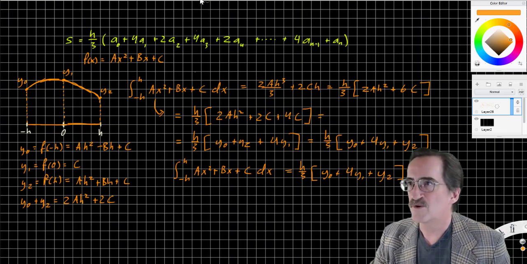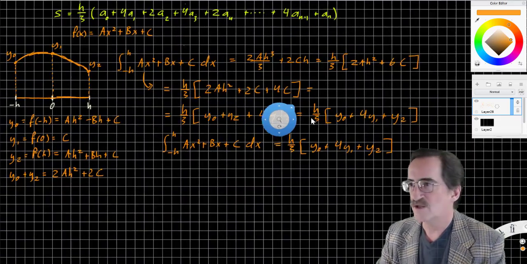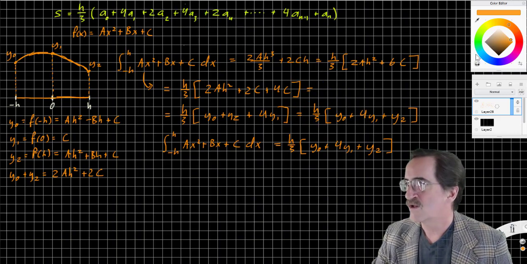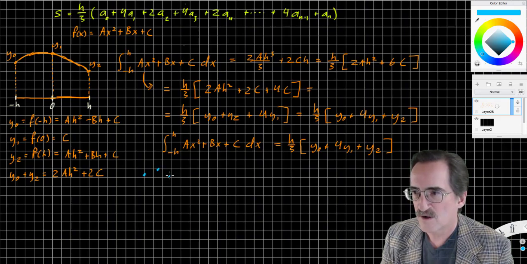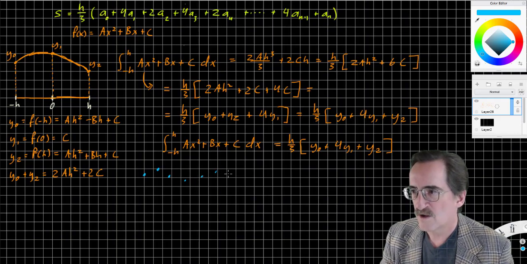Let me move things around and switch colors here. Okay, let's go to blue. All right, so let's say we have some function that we're going to evaluate for 3 points. And then 3 more points. And then 3 more points.